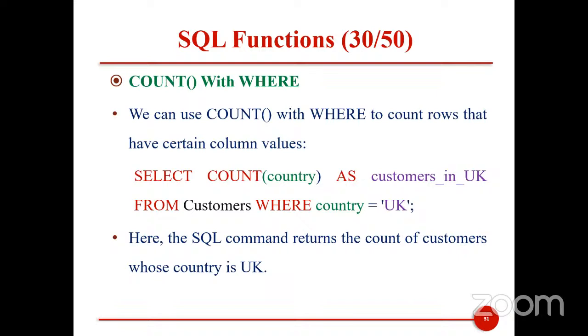If you want to know the total number of customers who belong to the UK, you can write a simple syntax like that, and it should display the customers from the UK.